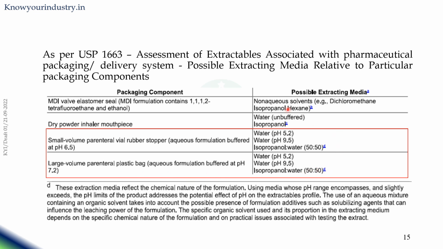These are some examples extracted from the guidelines, given for your understanding and information. If you go to any regulatory document or pharmacopoeial chapters, you can see more details about these particular procedures.